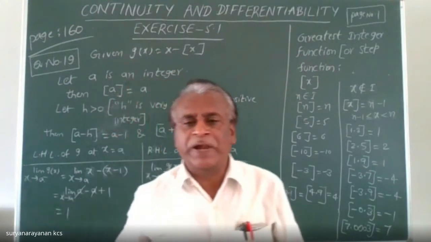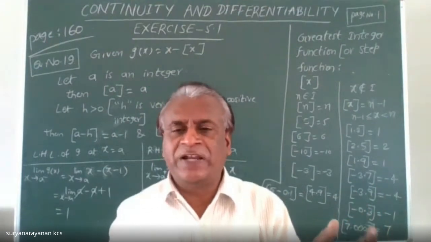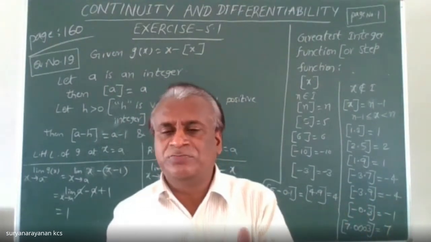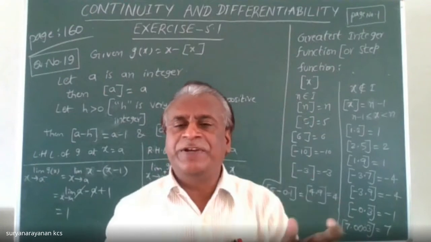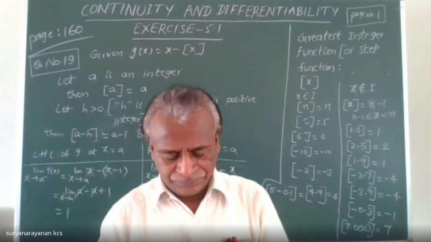So directly find the limit of the function at x is equal to pi and the function value. Directly find the limit. No need to find left hand limit and right hand limit. Okay, my children. Will you try this one?